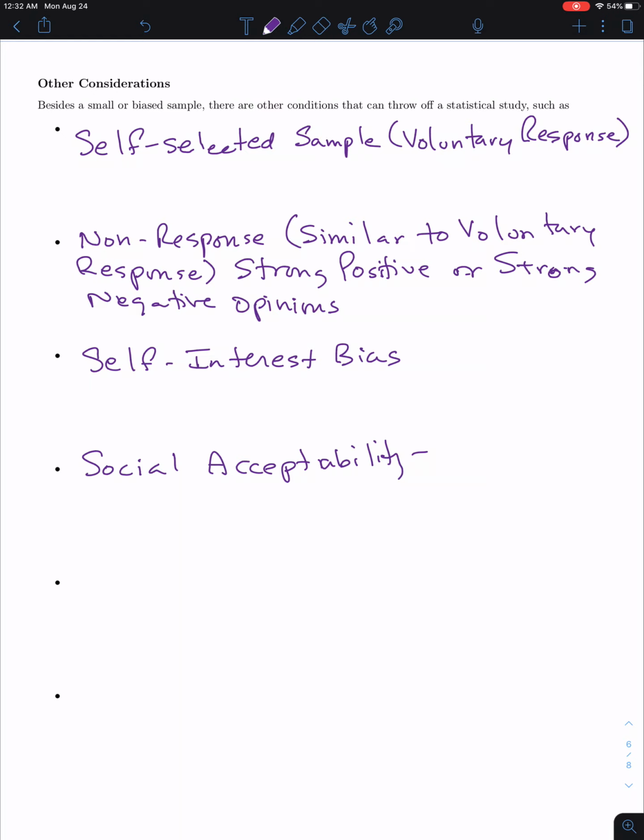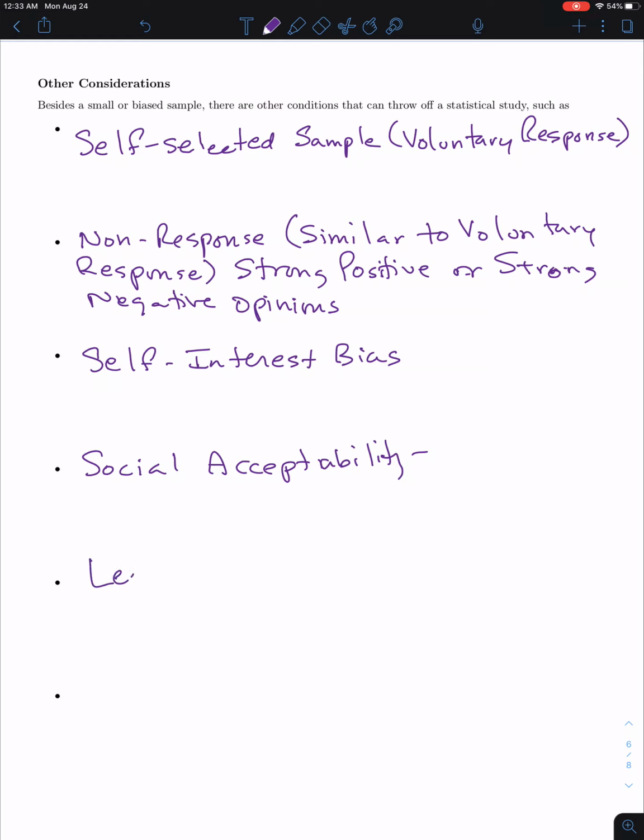It could be surveys about drugs, or about pirated music or movies. These are things that aren't necessarily acceptable to people, so you're going to have strong opinions one way or the other about them. So not necessarily the best way to do a survey.